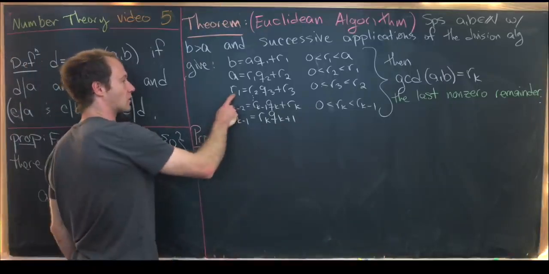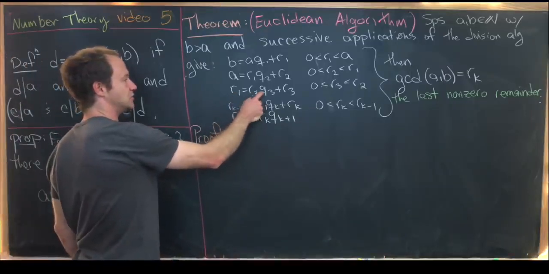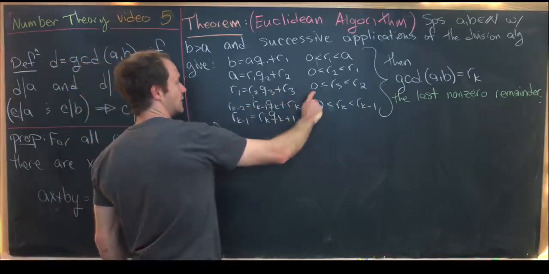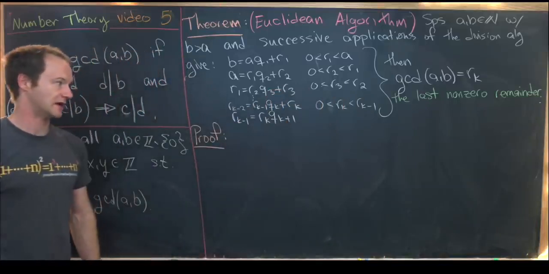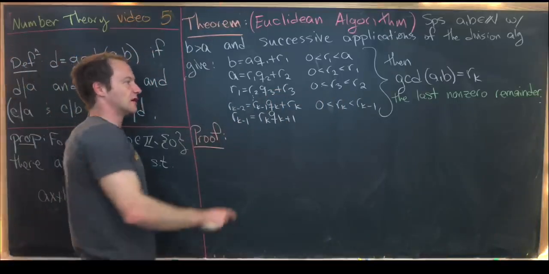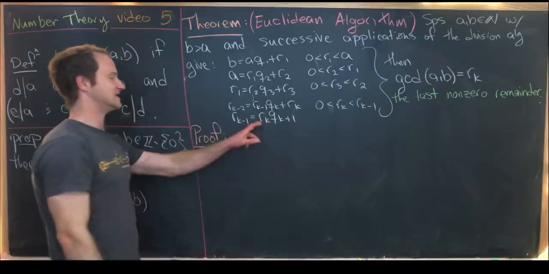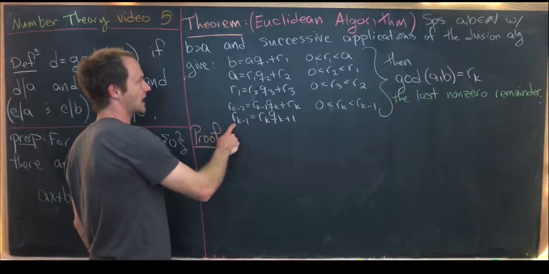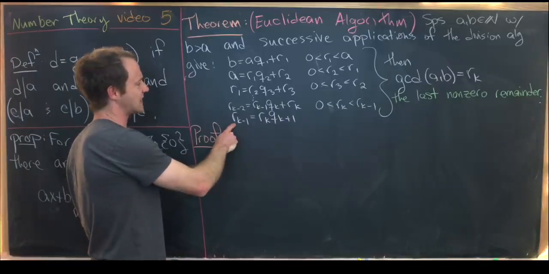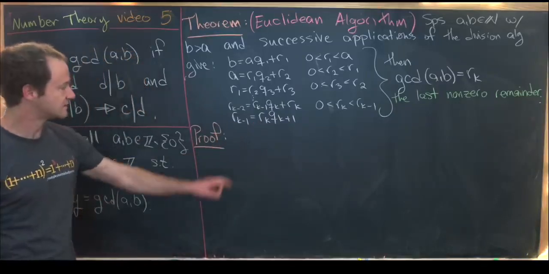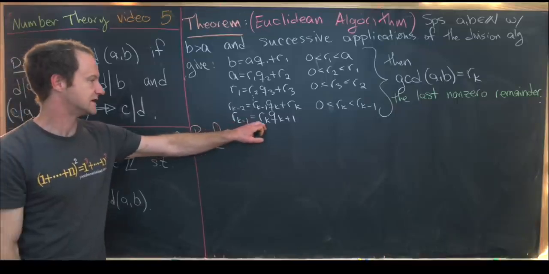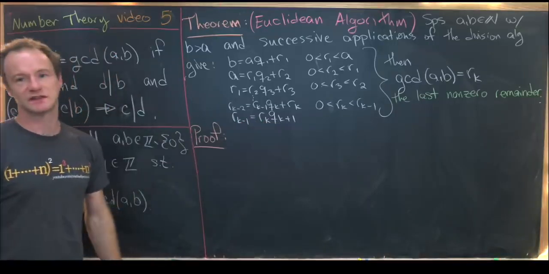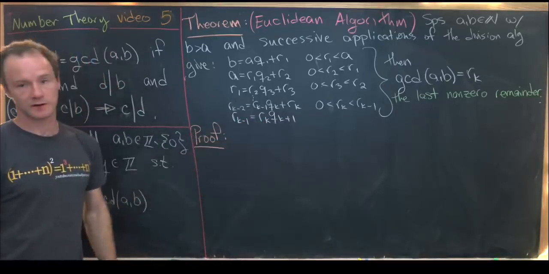So notice we've got r1 divided by r2 with a quotient of q3, a remainder of r3, and then we've got this ordering on our remainder, all the way down to our very last step, which is the k plus first step in this process. We've got r_{k-1} is r_k times q_{k+1}. And that plus 1 is in the subscript there. There is no remainder here.